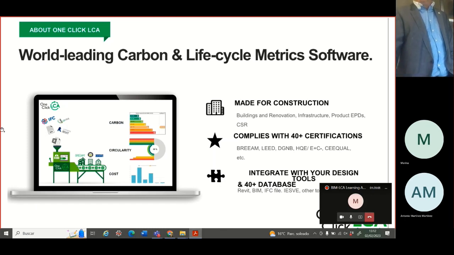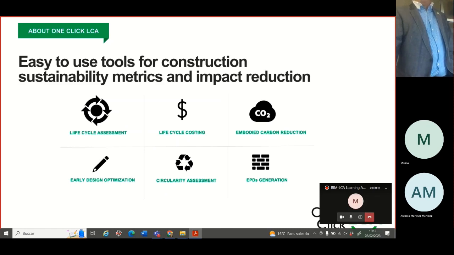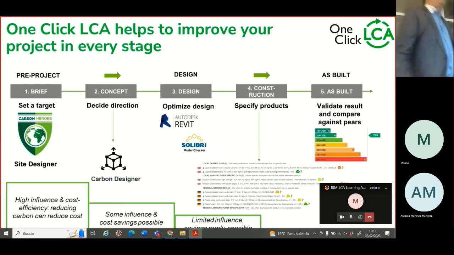It's the way this issue is solved. So the idea is to work on the calculation of LCA from the beginning, because in most projects, people come at this stage and say, okay, I have a design, it is nice, it is green, and I just want to calculate the LCA. At that stage, you have limited influence to reduce the CO2 emission, because you're not working from the beginning.